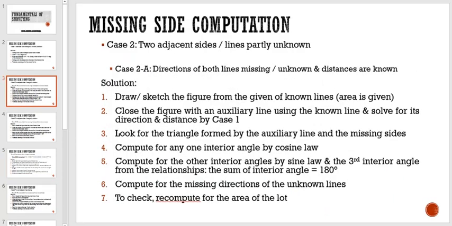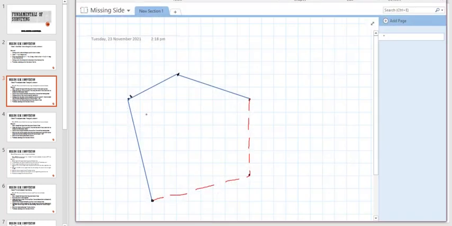So for case 2A, sa buhaton, of course you need to draw the sketch or figure. I-draw nimo kung per point, example is point 1, 2, 3, 4, and 5. For solution, draw the sketch or the figure from the given of known lines. Then close the figure with an auxiliary line using the known line.